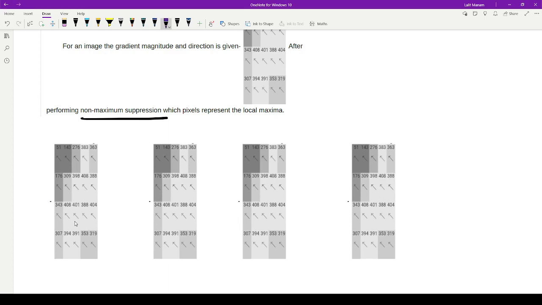Okay, we'll go for the specific example. How do you think edges will look? See this image patch, or sorry, the image gradient out there along with the direction. How should the edge look? Just see the numbers out there.